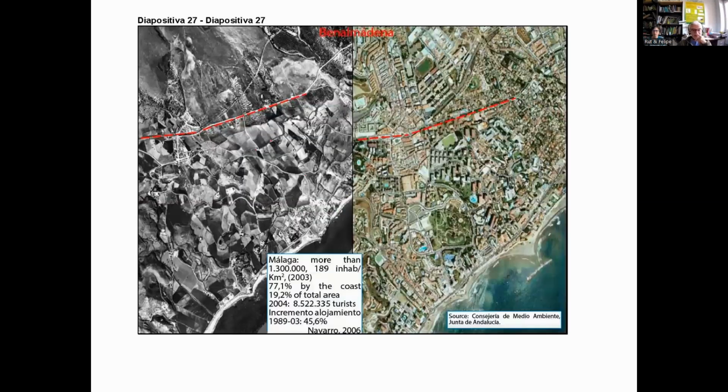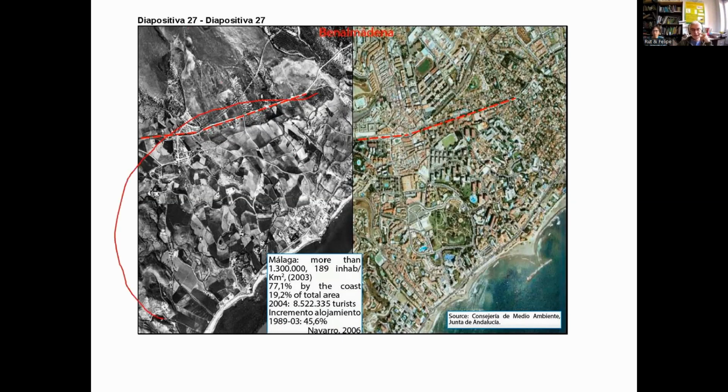Or you can see the evolution of this type of terrain, this type of conurbation, in Benalmadena in Malaga, which is a tourist destination for most European people.